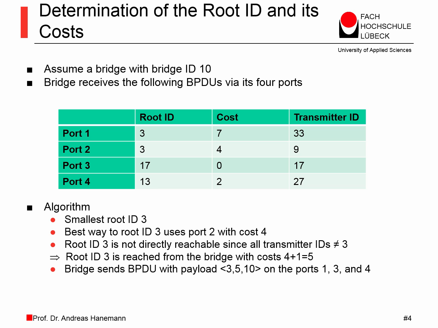Bridge 10 provides information about this conclusion to the bridges on ports 1, 3, 4 by sending a bridge PDU with the contents 3, 5, 10. The 3 is the root candidate ID, 5 is a cost which is composed of 4 that bridge 9 has reported plus cost 1 to get to bridge 9, and 10 is the ID of our bridge.